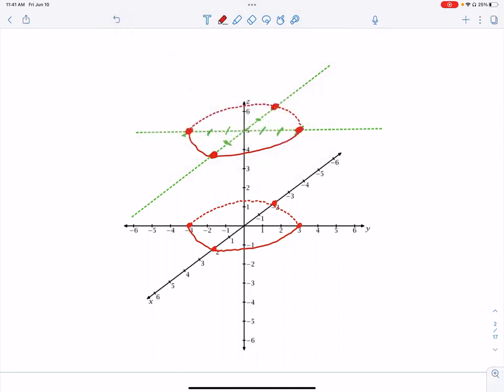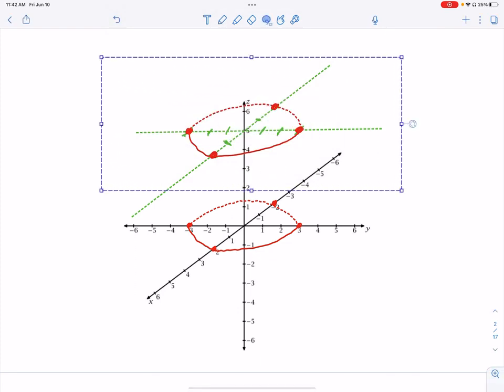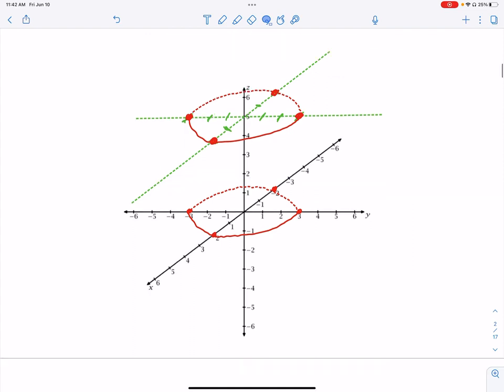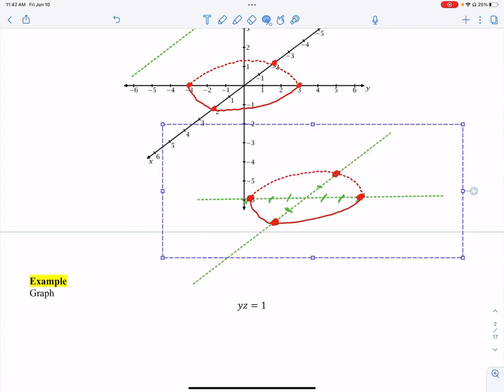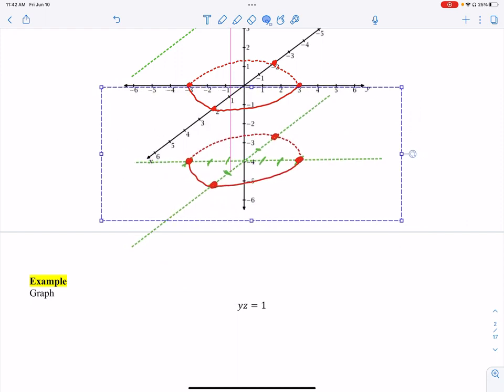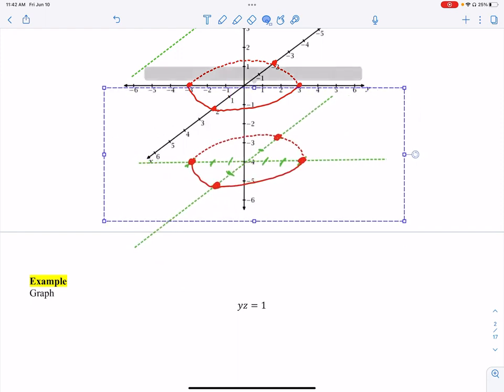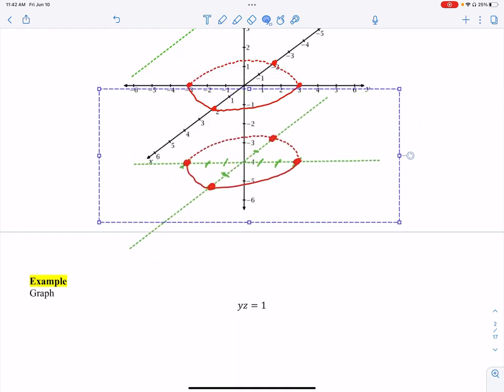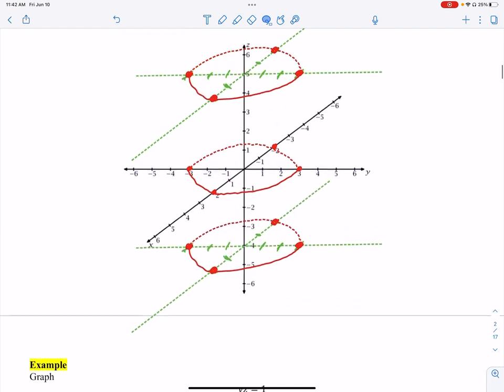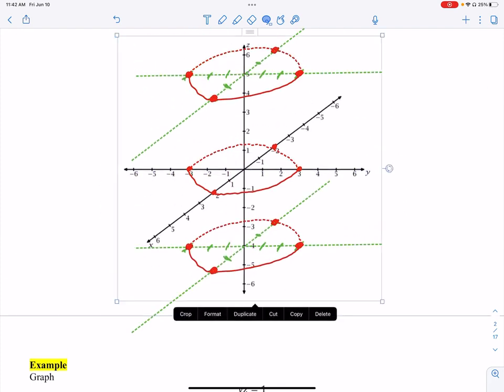I'm going to take these green tick marks. I wonder if there's a way. You would just do it again. Let's see if I can copy this. There we go. And I can just set this here. And you can set any value you want for your traces. I guess I should do 5.